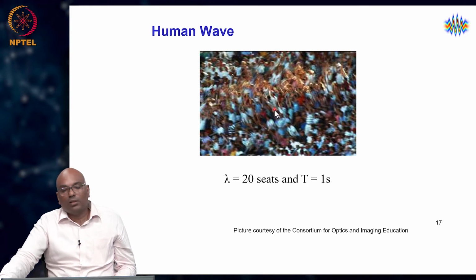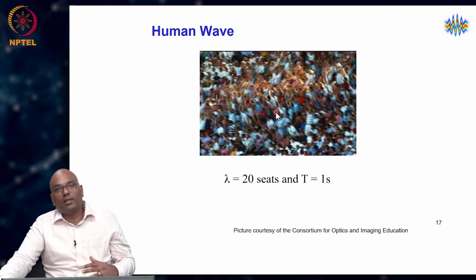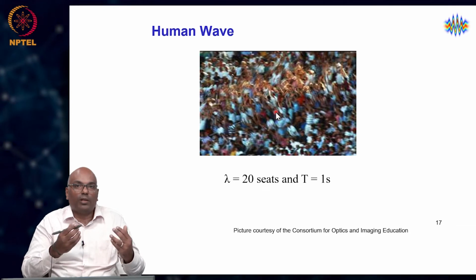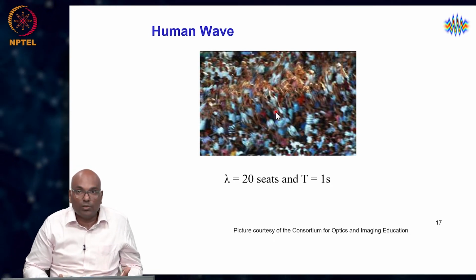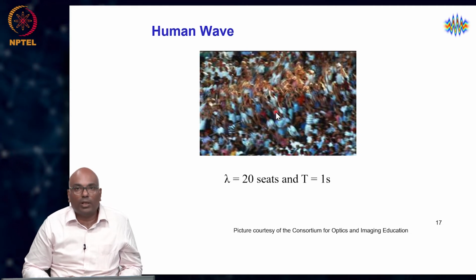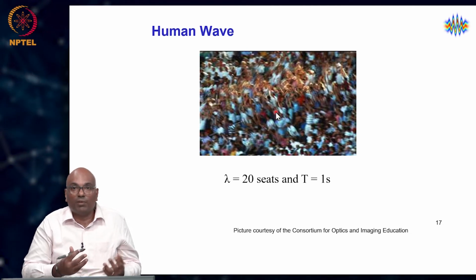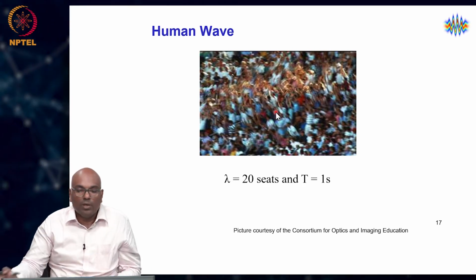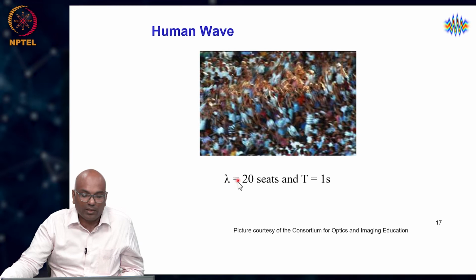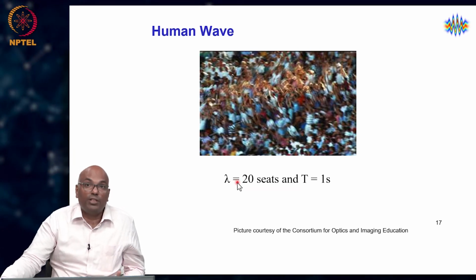So, this sort of uprising and falling, or the standing up and sitting down motion, also turns out to be periodic. Although this is not really an idealized wave of the kind that we have been talking about, it is still a propagating phenomenon. So, even for a phenomenon like this, we can ascribe a spatial periodicity.